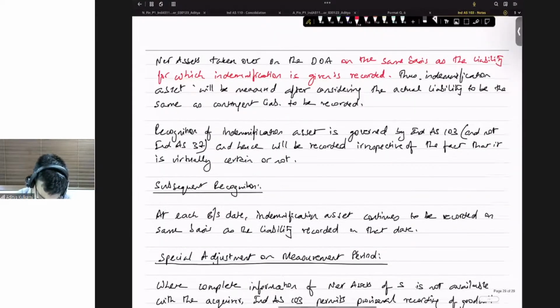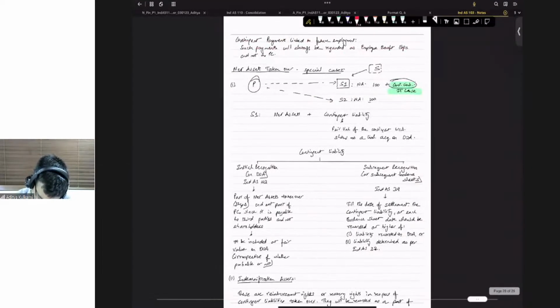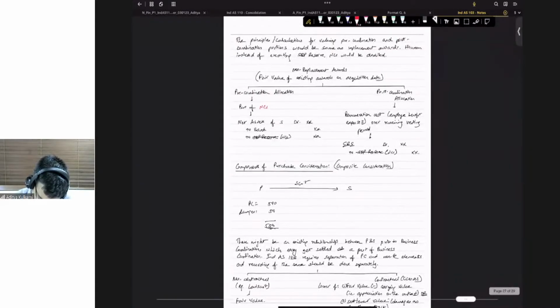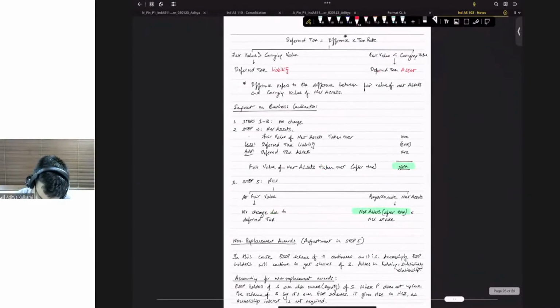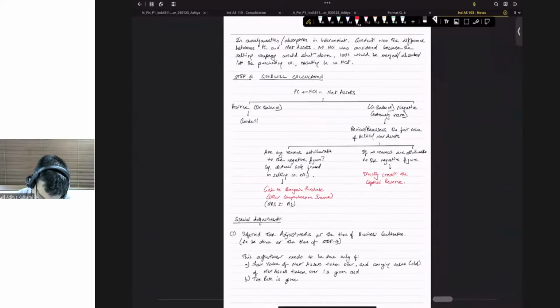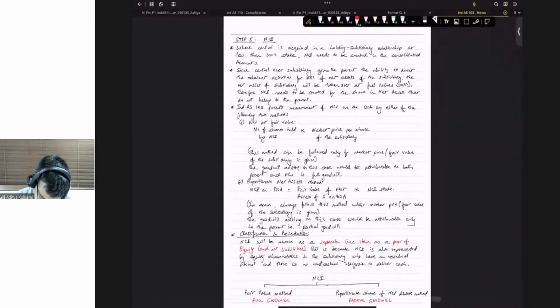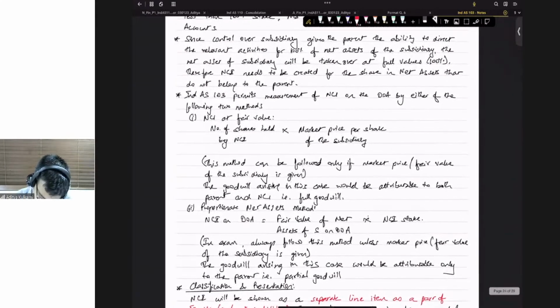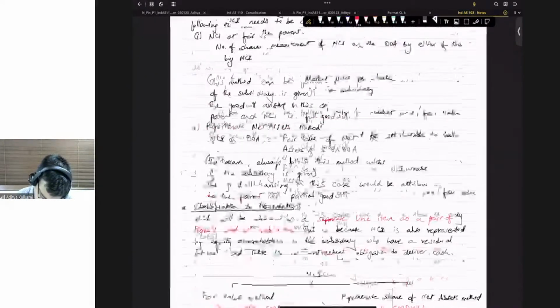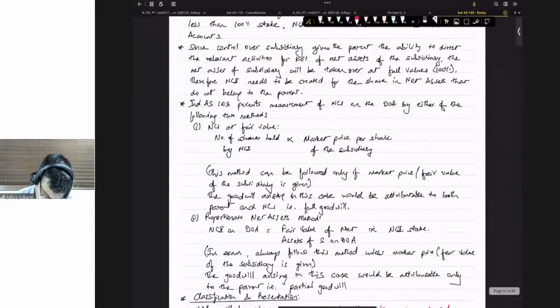Ind AS 103. Special adjustments. Yes. See, I have given it to you here. You have written this also. This method can be followed only if market price or fair value of the subsidiary is given.